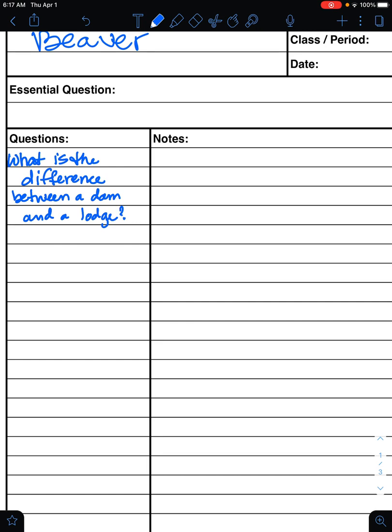And then I would look back in the notes and find out that, I like to use bullet points to take my notes. So the dam stops water and a lodge is where they live.